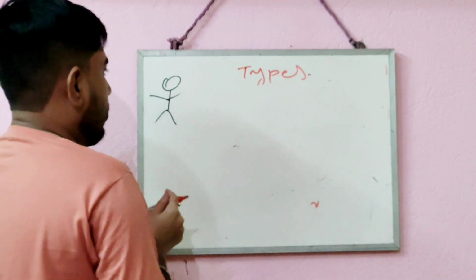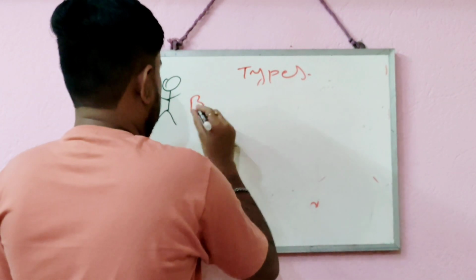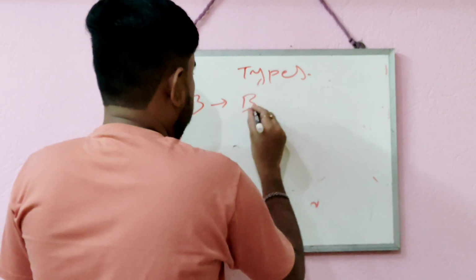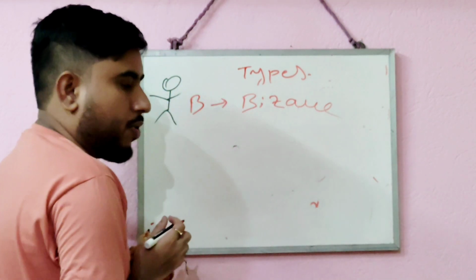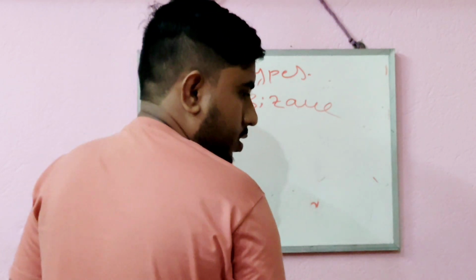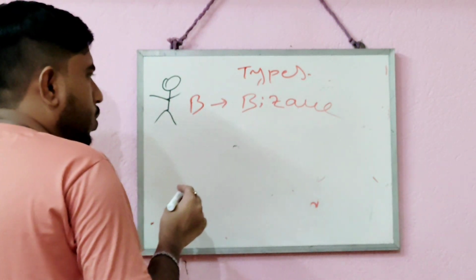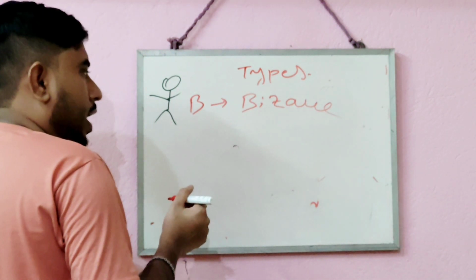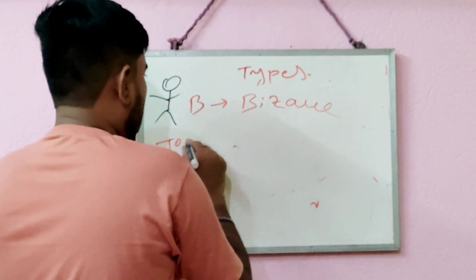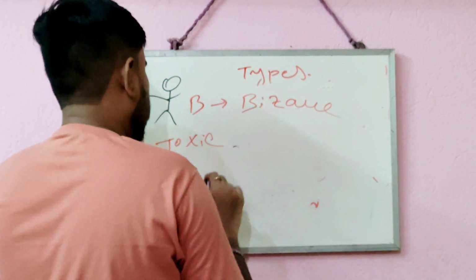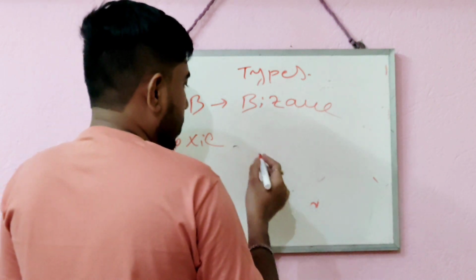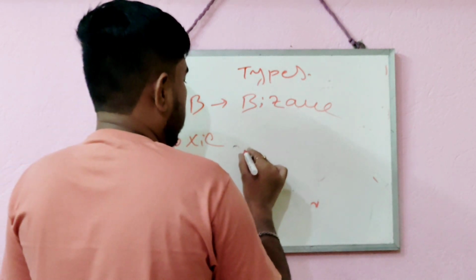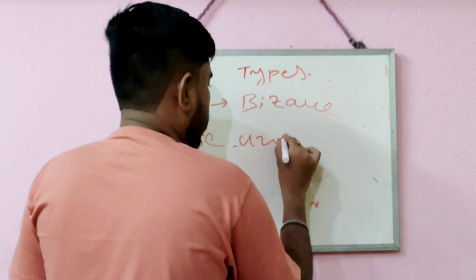The second type is B, and these are called bizarre adverse drug reactions. These are reactions shown by drugs that are toxic in nature. All adverse drug reactions are toxic in nature, but for these, the specific reason for the reaction is unknown.